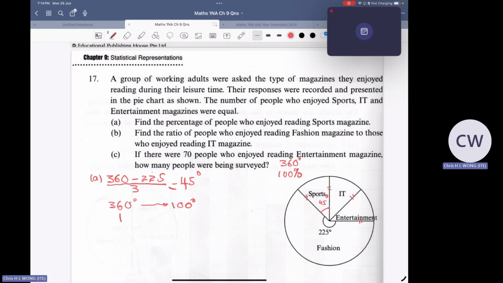So straight away, 45 degree will give you 100 divided by 360 times 45, which gives the percentage. Let's see here, 100 divided by 360, times 45. It will give you 12.5 percent.